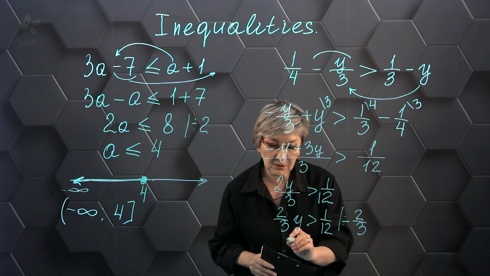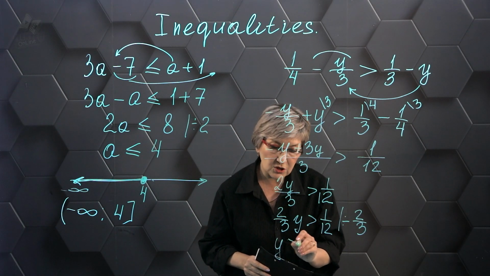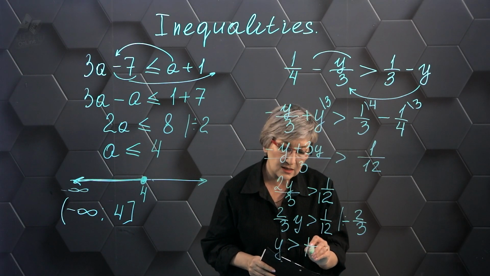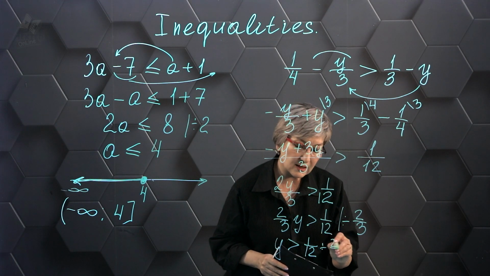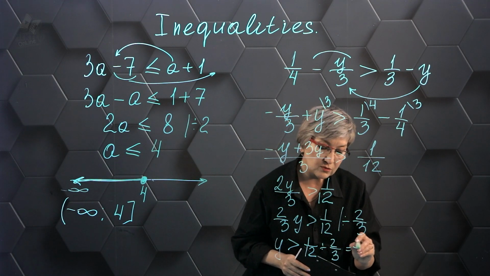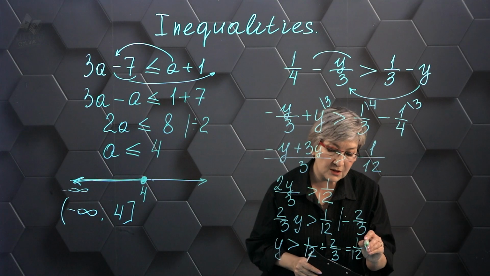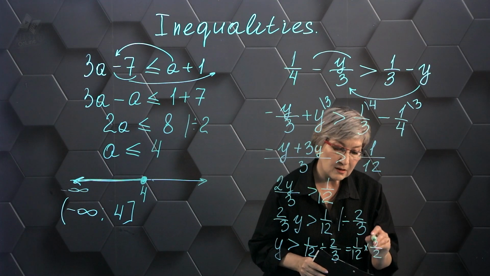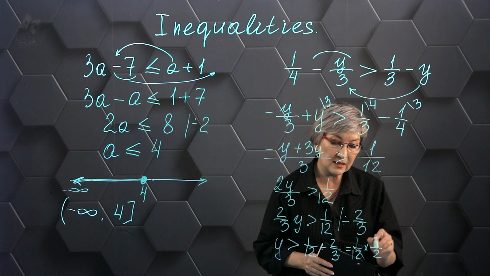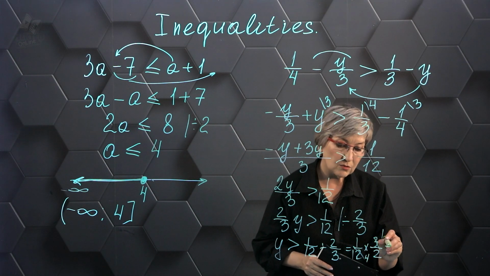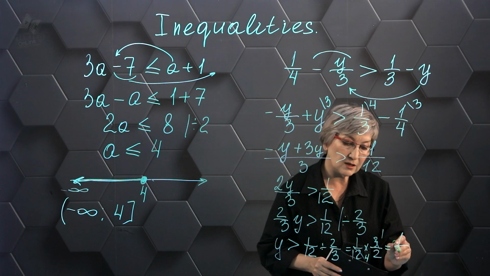The result is y is greater than 1/12 divided by 2/3. Dividing by 2/3 means we multiply by 3/2. As a result, we can divide 3 and 12 by 3, giving 1 and 4, and we get an answer of y greater than 1/8.